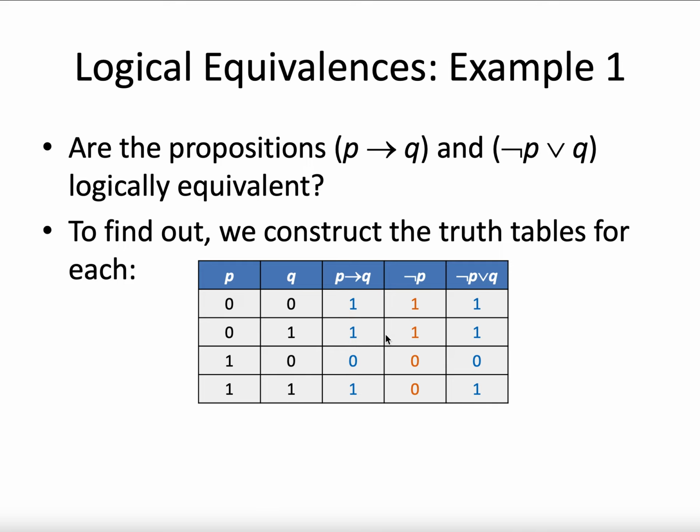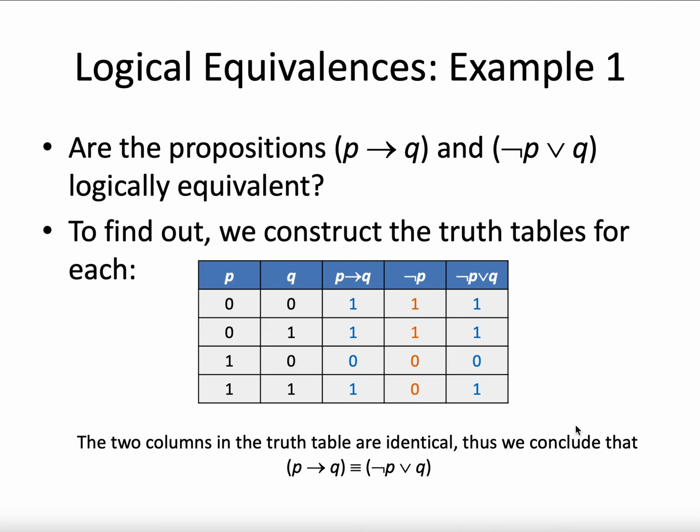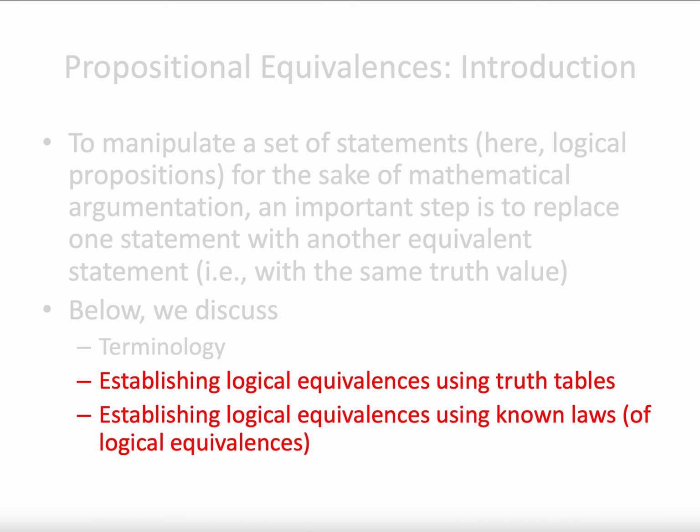So that's the first part, the left hand side of our statement. Now let's negate P, which you get that, and then negative P or Q basically gives us this value, and since both of them are true, the left side and the right side, they are logically equivalent. So we can conclude this.